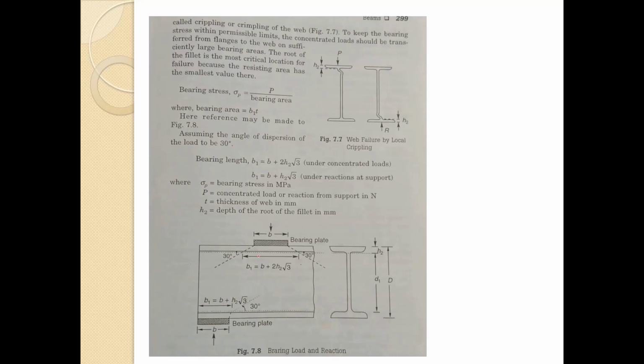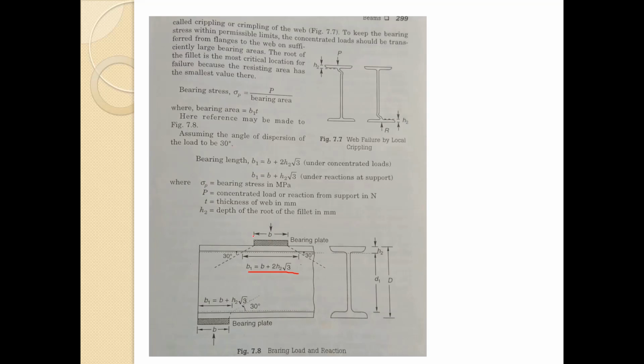So here you can see how to calculate this b1. We have dispersed this load at 30 degrees, assuming the angle of dispersion of load to be 30 degrees. So this way it has been dispersed, and you will find this b1 by this equation.